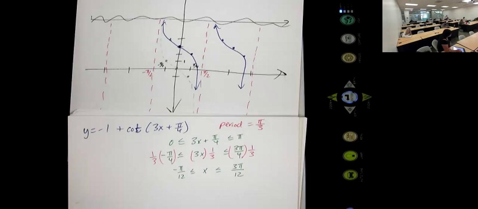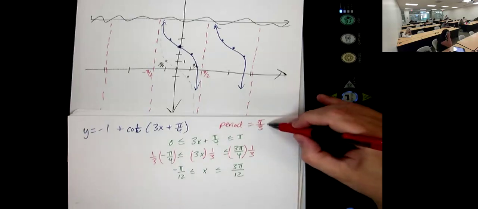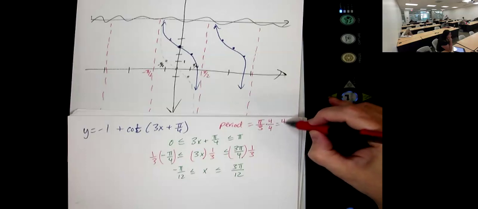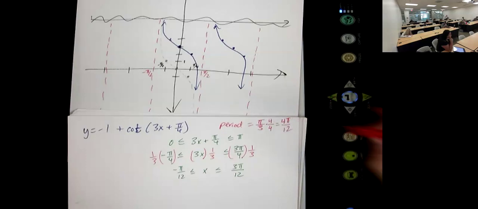And if I look at the period in the same terms with the 12 on the bottom, I need to multiply by 4 over 4. This is 4 pi over 12, and that makes sense.